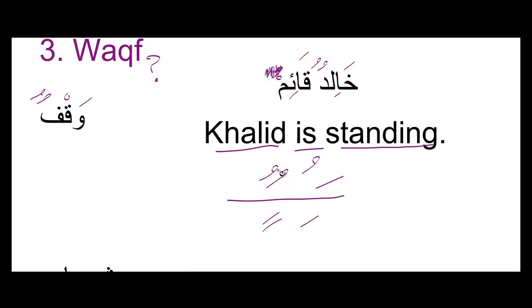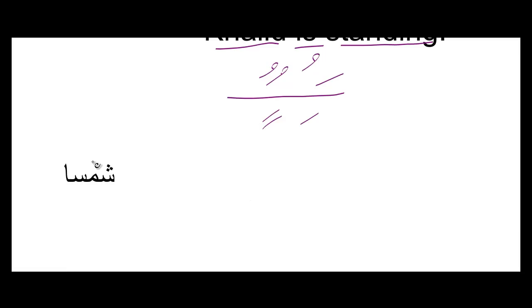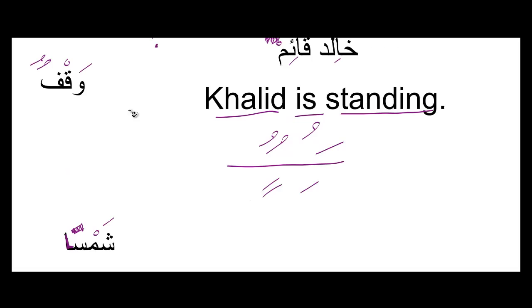Now the only exception, as you'll notice, I've put 5 vowels here because the 6th one is our 2 fathas. Like I mentioned earlier, when we have 2 fathas, we put an alif at the end. And what that means is that when we get rid of the 2 fathas to make waqf, we still pronounce this alif. So shamsan is pronounced shamsa with a waqf.